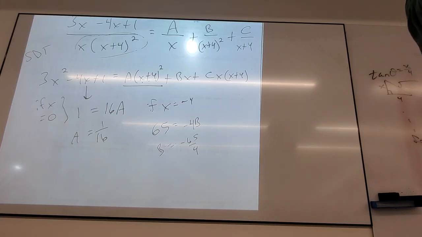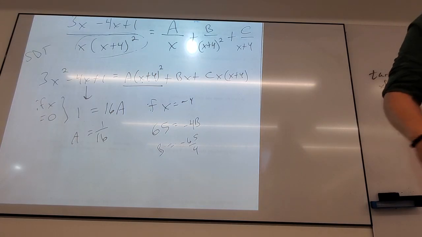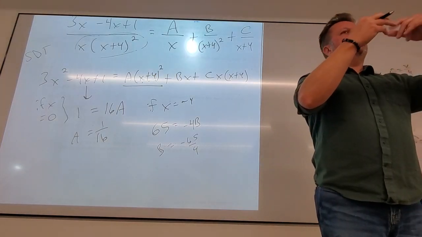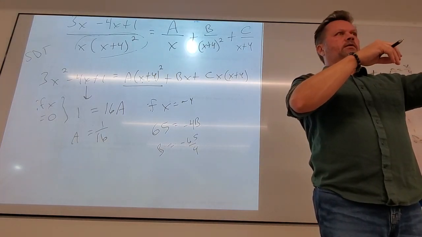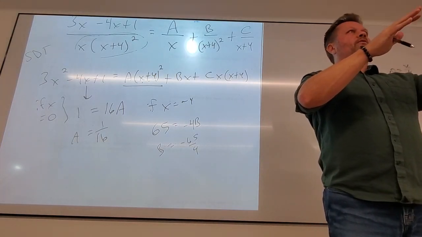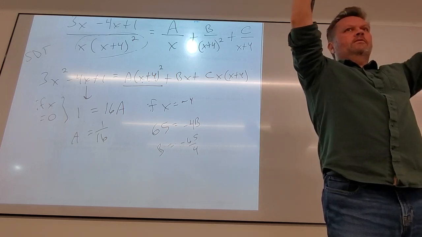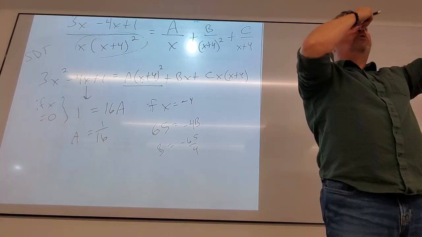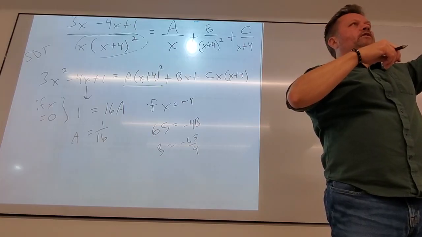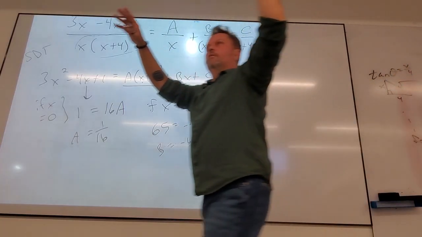I could plug A in, plug B in, multiply it all out, add it, oh my god, don't do that. Now we kind of sprinkle in the first method we did. For example, do you see how there would be a C in front of an x squared? If I multiply it out, what's the only other letter that would be in front of an x squared? A.